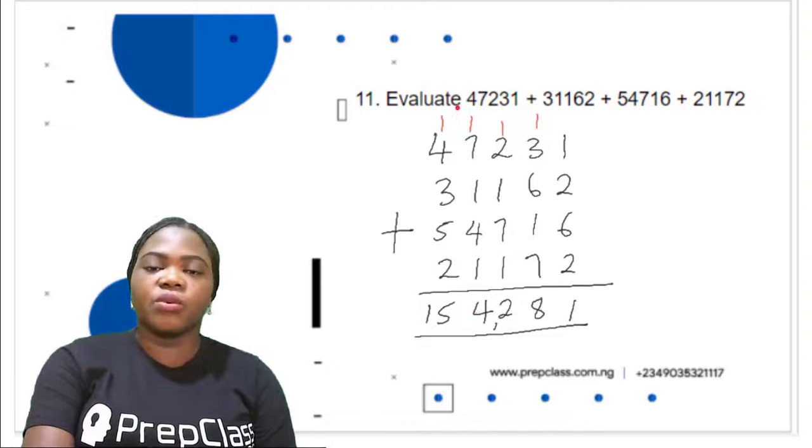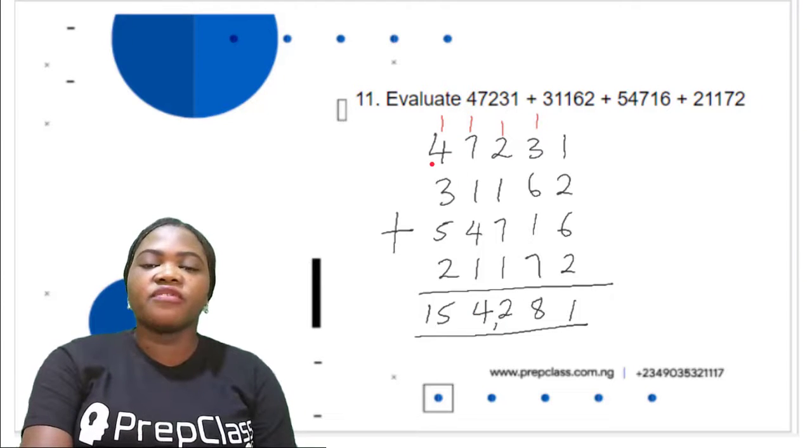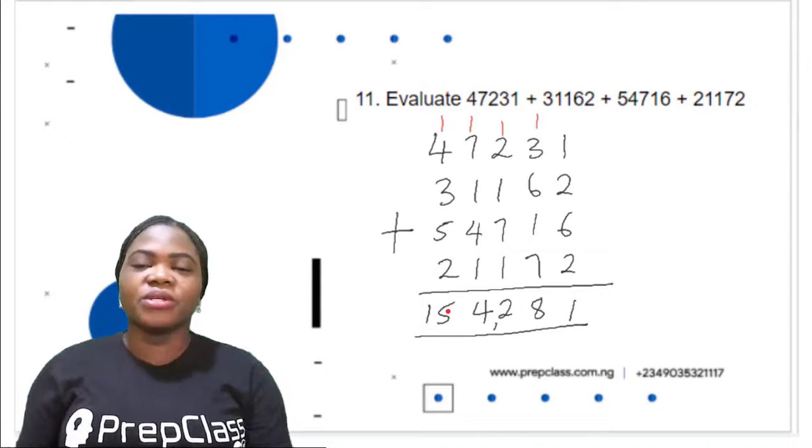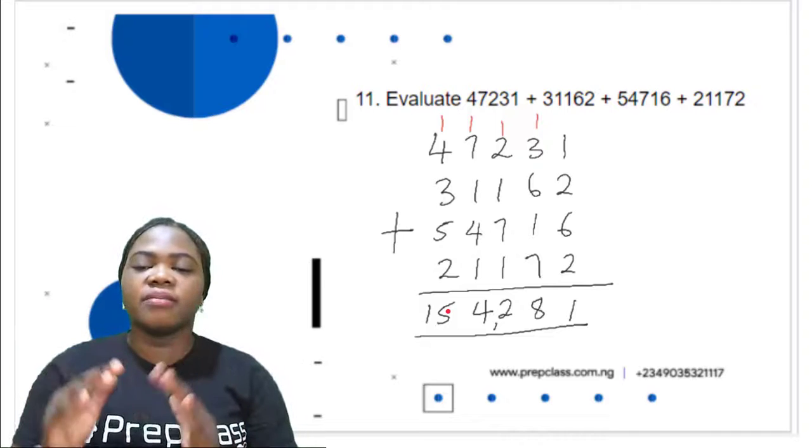So write 4 and carry 1. 1 plus 4 is 5, 5 plus 3 is 8, 8 plus 5 is 13, 13 plus 2 is 15. So this is simple. We've been able to add up all these numbers.